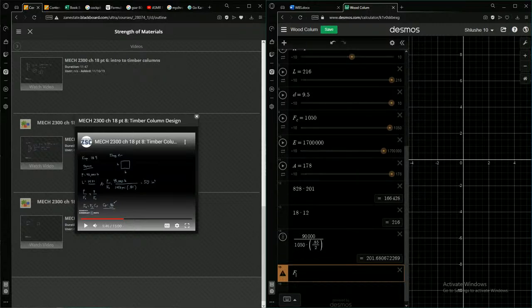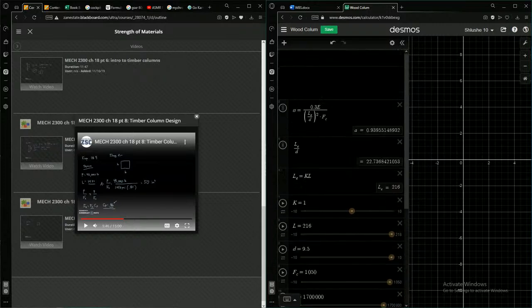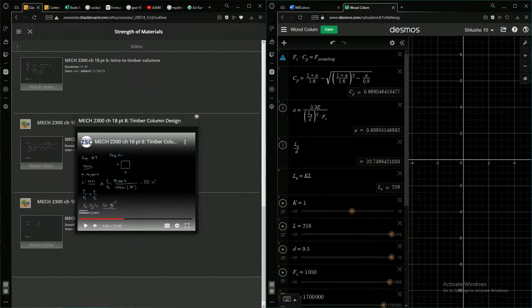That's the underline button by the minus key, but you hold shift and push the minus key and it gets you a subscript, which is going to be something. F sub something equals F sub something times A. F sub something should be a derived unit by all that.